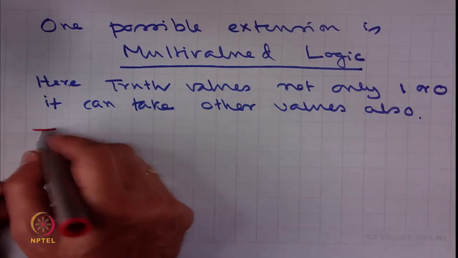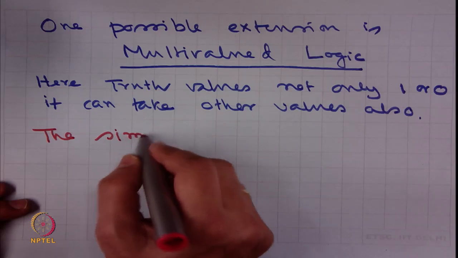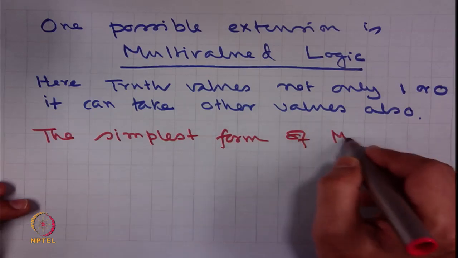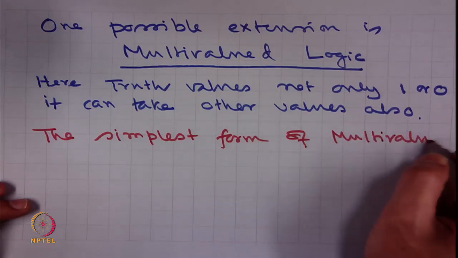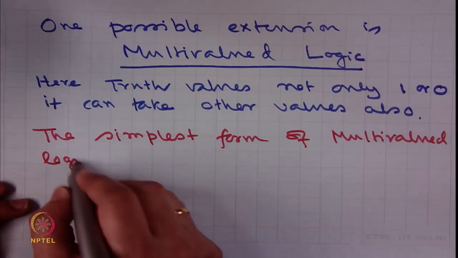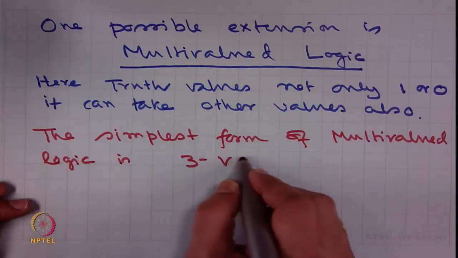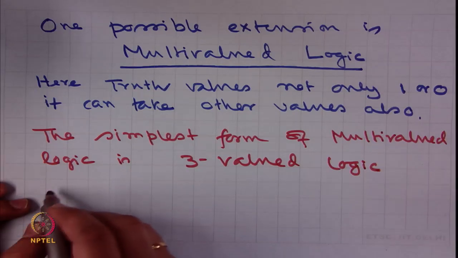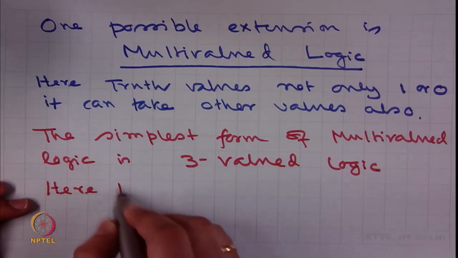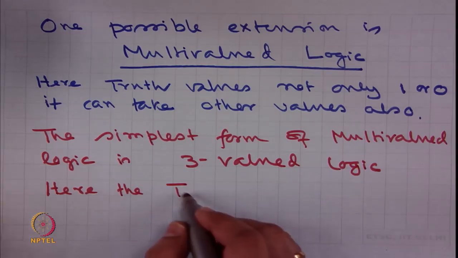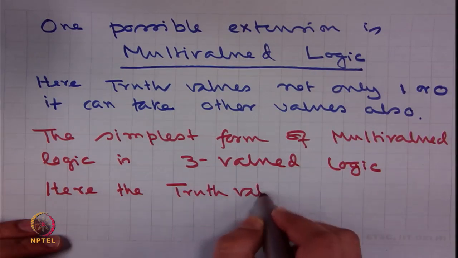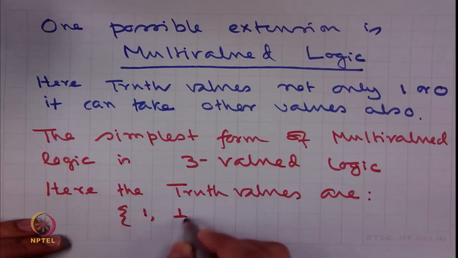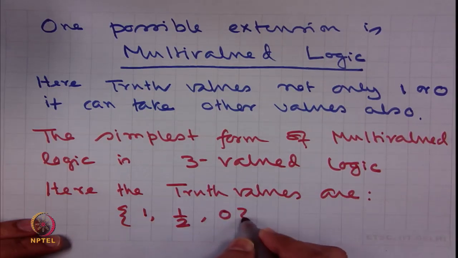The simplest form of multivalued logic is 3 valued logic. Here the truth values are one, half and 0.